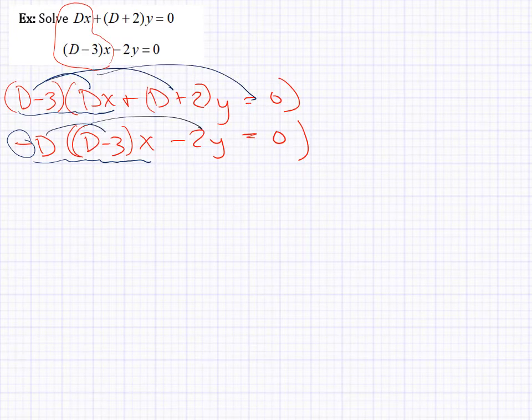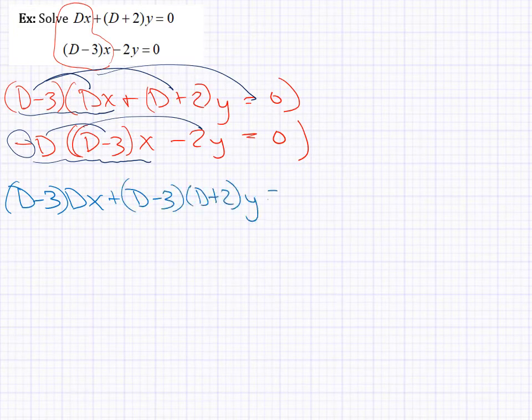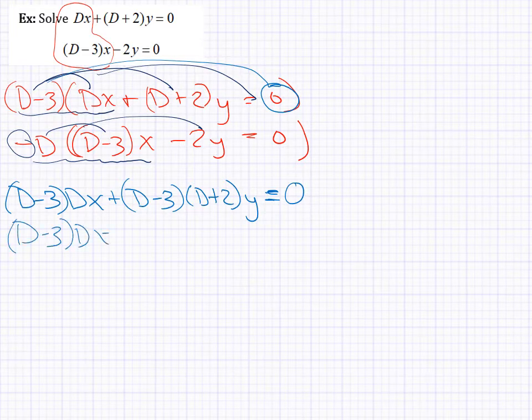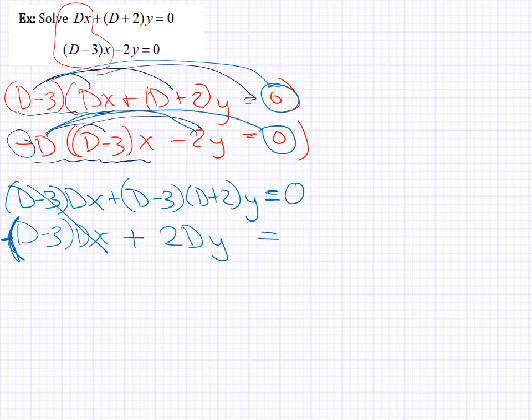So what I'll have is D minus 3 Dx plus D minus 3 times D plus 2 y equals 0. And then I'll have a D minus 3 Dx, but with a minus in front of it, so that way they cancel out, and then I'll have a plus 2 Dy equals the derivative of 0, which is still 0. And make sure this is a plus, because a minus and a minus.